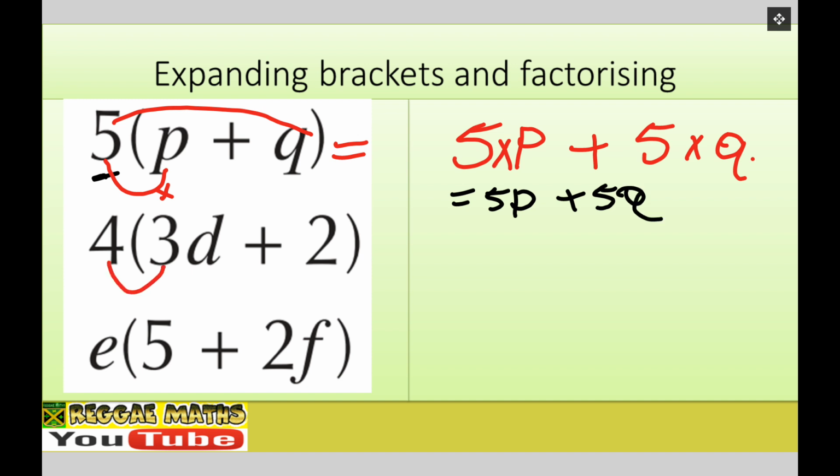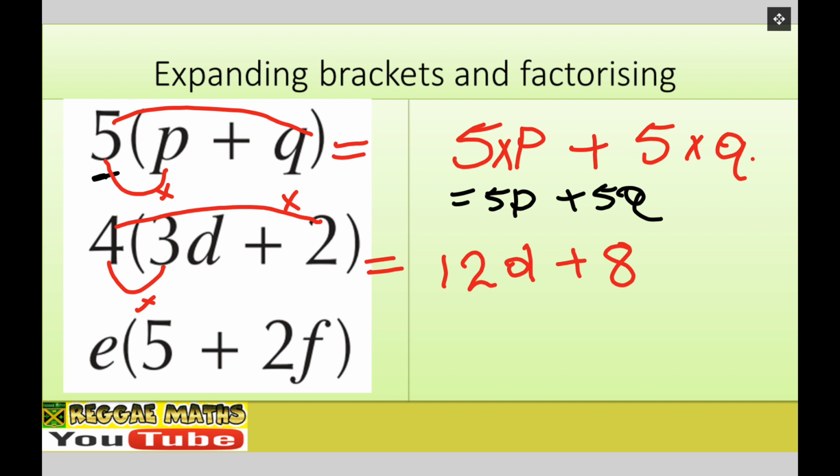Next, you've got 4 times 3. 4 times 3 is 12. And then you've got the d, so it's 12d. And then you've got 4 times 2 is 8. So it's 12d plus 8.